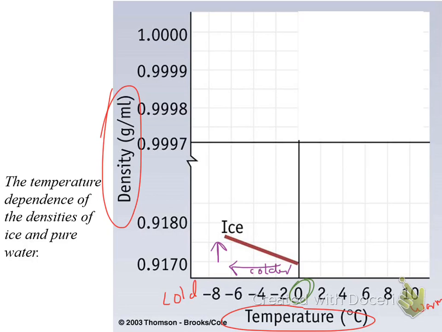Right? Here's one thing, and I'm going to show you the rest of the curve, but what's the density of water at 4 degrees? 1. Exactly. So up there is the density of water in its liquid state. Density H2O, comma, 4 degrees Celsius, is 1.00 grams per milliliter.